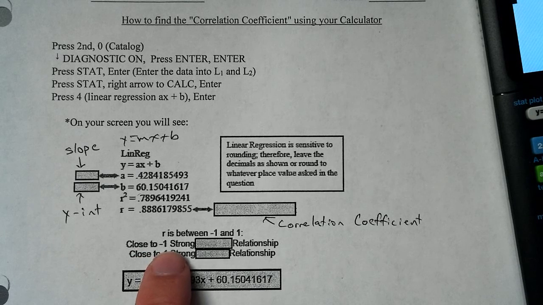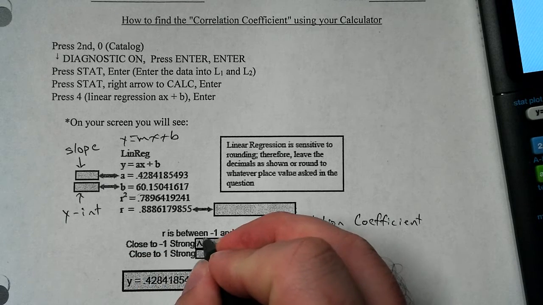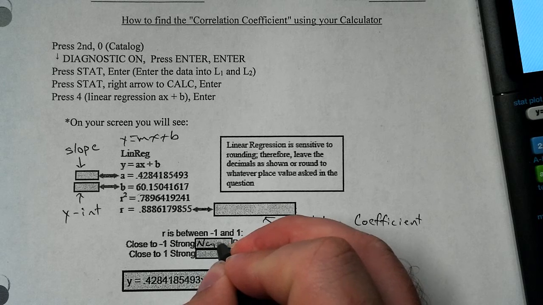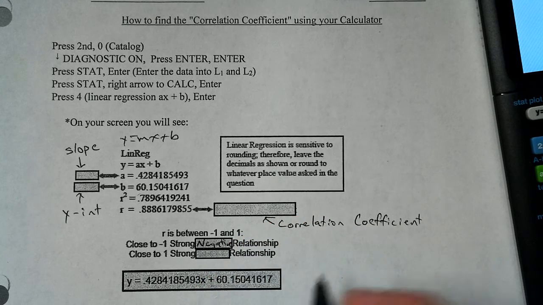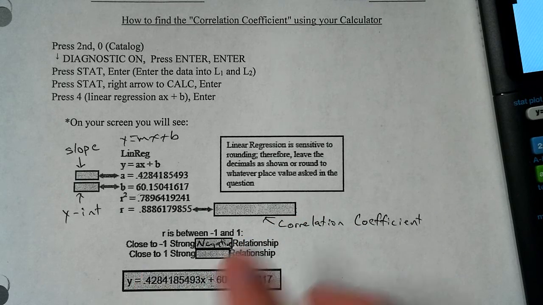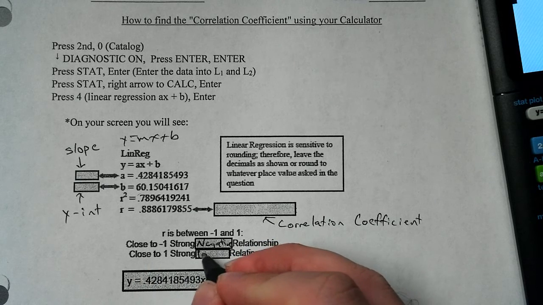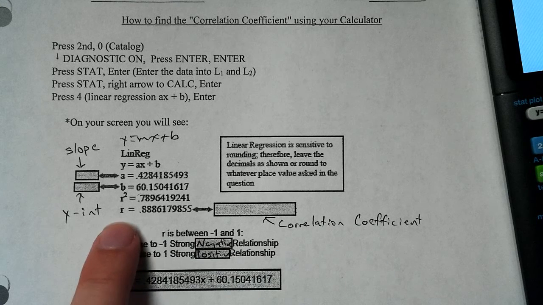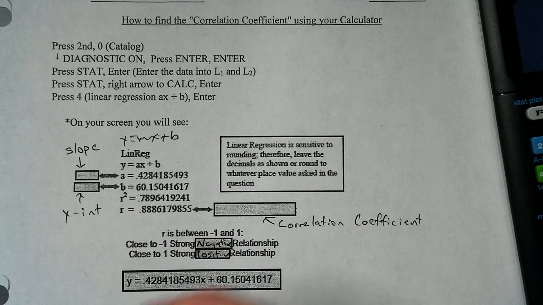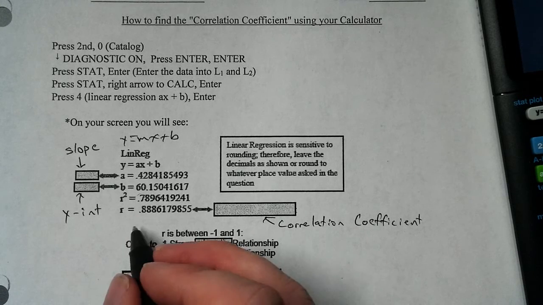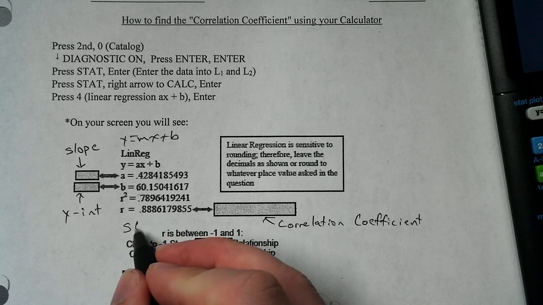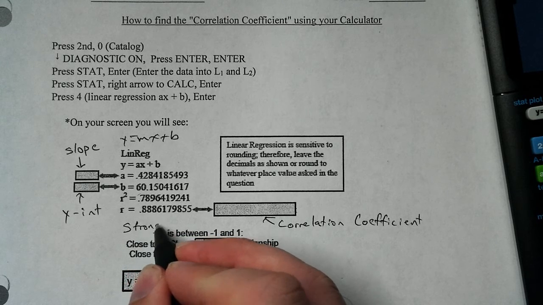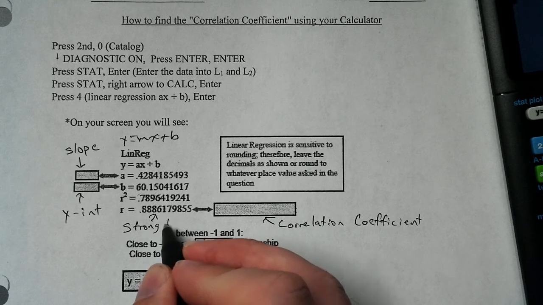Close to -1 is a strong negative relationship. Close to +1 is a strong positive relationship. So for example, on this one, since we got our R of 0.88, that one is pretty close to the value 1, so this one would be a strong relationship. That's positive.